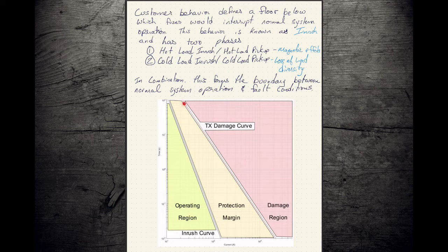And our transformer damage curve, shown in red, assumes that anything beyond it, the transformer is damaged, and anything below that, it's assumed the transformer is fine. And if you combine the two, this gives you a region where you have a fault, but the transformer has not yet received damage, and this is where we want to do our protection. This is where we want our fuses to be operating, in this region.